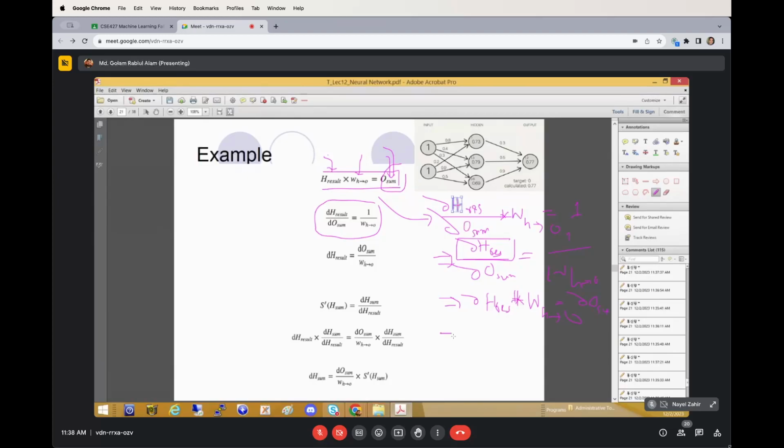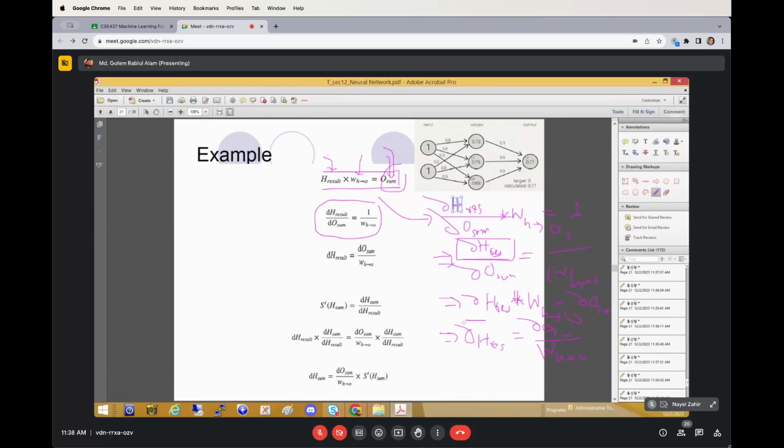Then we can write delta hidden results equals delta O sum divided by WHO, the hidden to output layer weights.